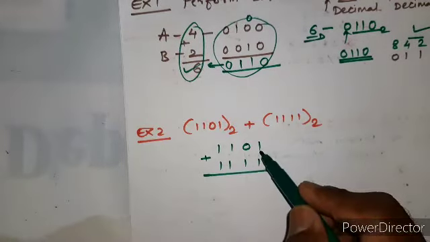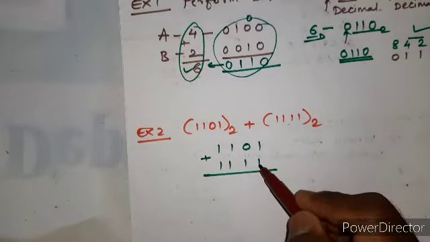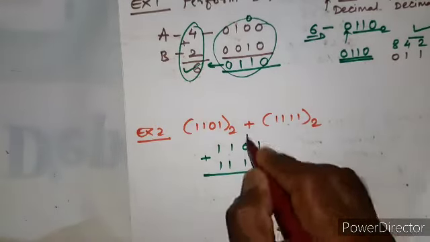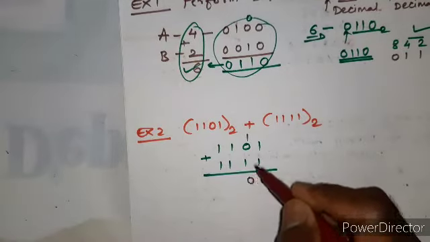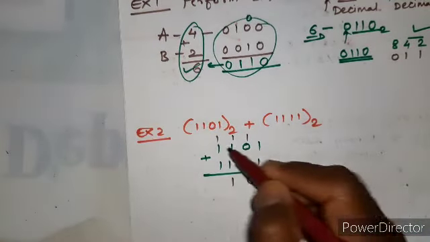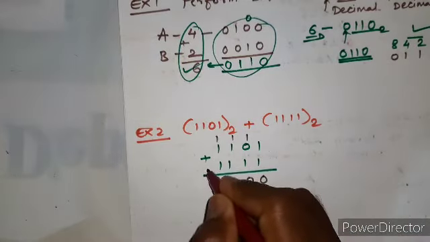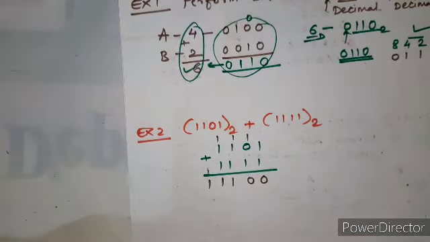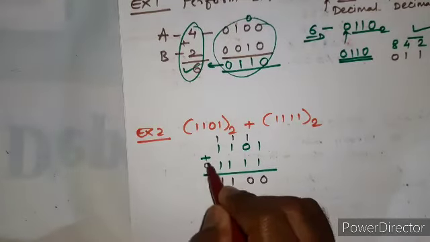So let us see, use the rules. 1 plus 1, sum is 0, carry is 1. 1 plus 1, sum is 0, carry is 1. Triple 1, sum is 1, carry 1. Again triple 1, sum is 1, carry is 1, and this one is here. Okay, so by default we have this 0 here.